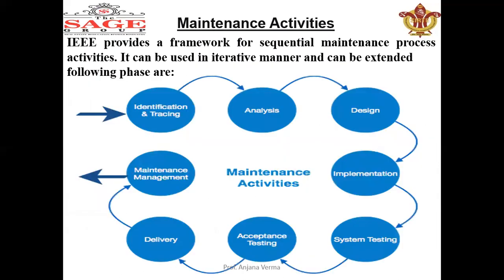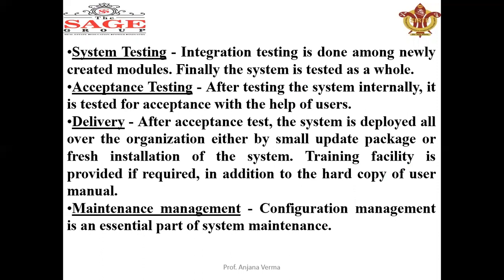After testing, you show the customer that this is added, and you can check it. After that, acceptance testing will occur, and then it will be delivered to the customer. And after delivery to the customer, the maintenance management starts again. This is the life cycle for maintenance.